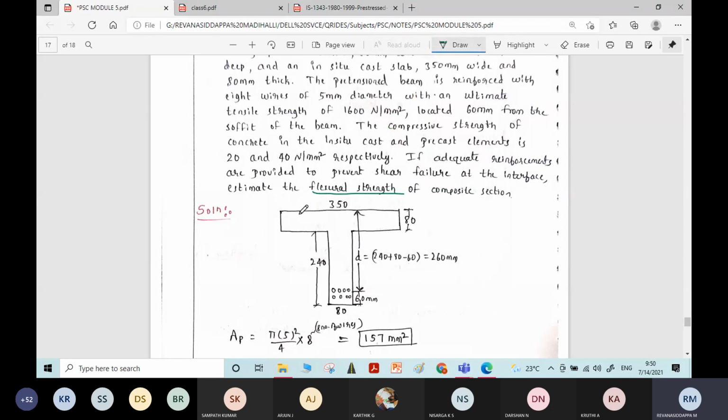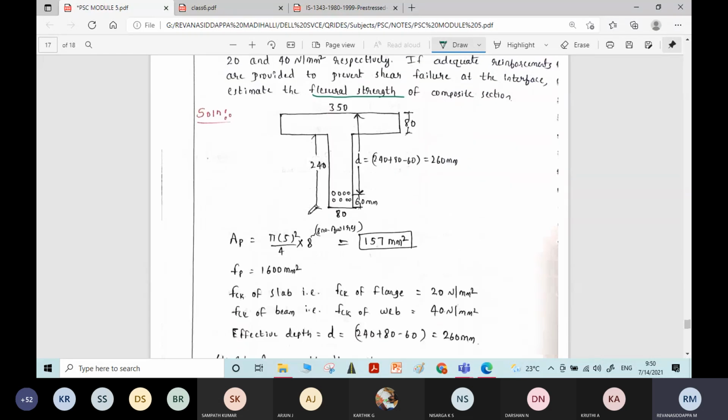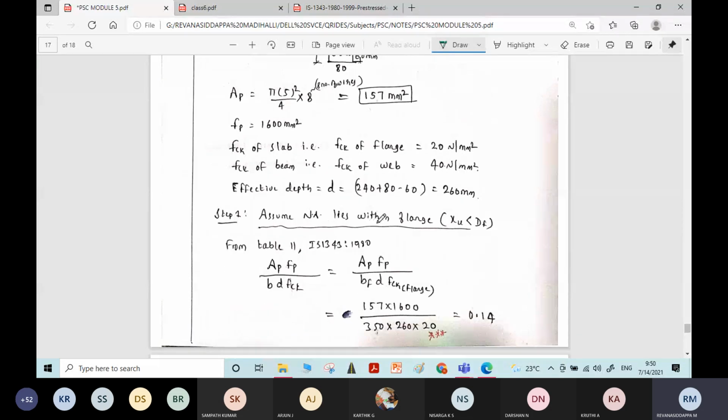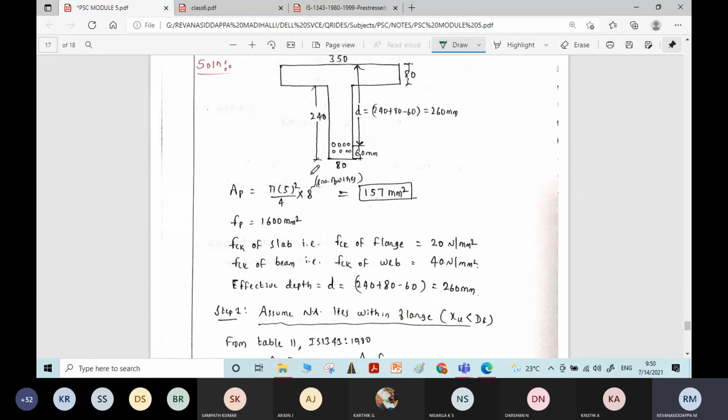So what was the procedure we used to follow for a T section to determine the flexural strength? First we used to assume the neutral axis lies within the flange. Here I have written all the given data. There are 8 wires having 5 mm diameter.